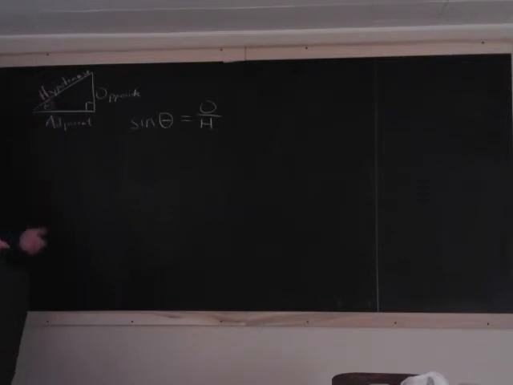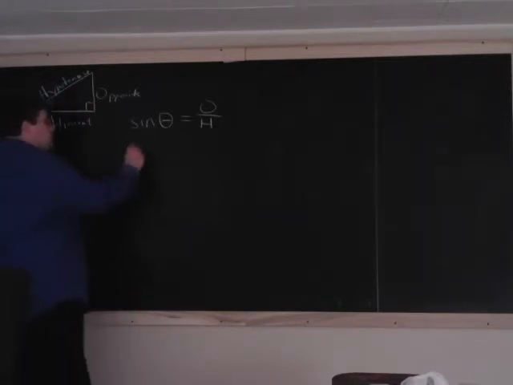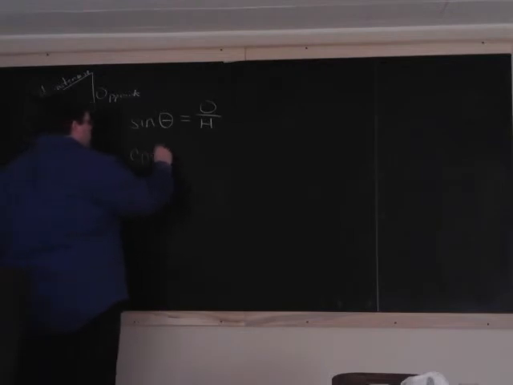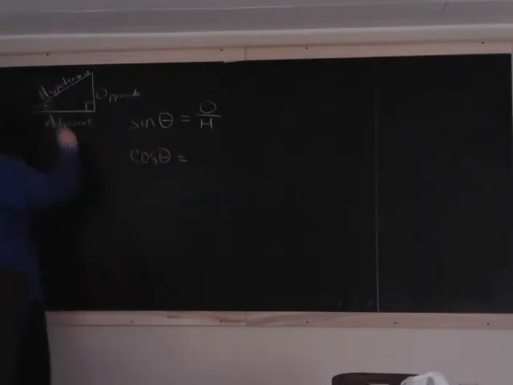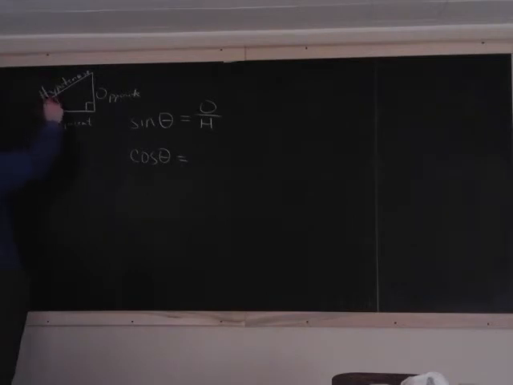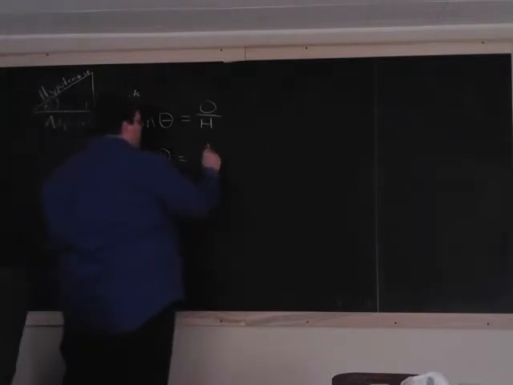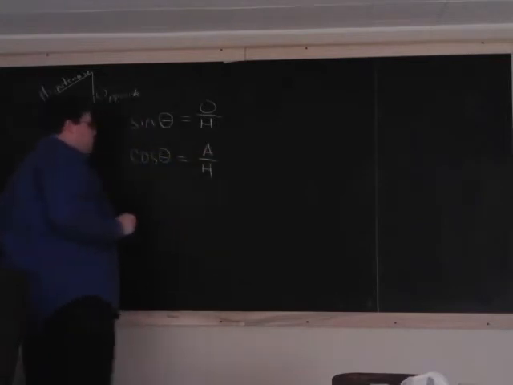We'll abbreviate that O over H. Cosine of theta, remember our angle theta is this angle. So sine of theta is opposite over hypotenuse. Cosine of theta will be the adjacent over hypotenuse, and we'll call that A over H.